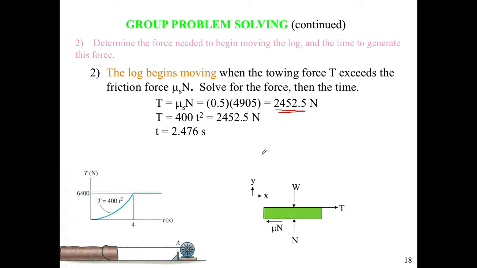I do that by setting the tension equal to the static friction to find the time. So at about 2.5 seconds, somewhere here probably, it starts to move after this.